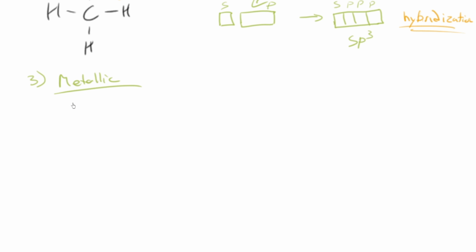But for now, we're going to just look at the sea of electron model, and it's this, that the valence electrons are contributed to a sea of electrons. What does that mean?